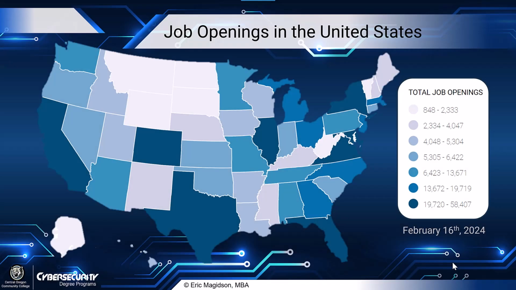So here's an example from February 16th, 2024 of job openings in the United States by state. You've got this color-coded table here. You can see, for example, in Oregon, there's about 5,000 jobs. In highly populated areas, New York, California, Texas, 19 to 58,000 jobs available.